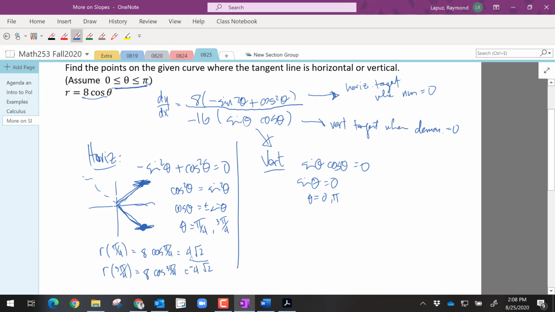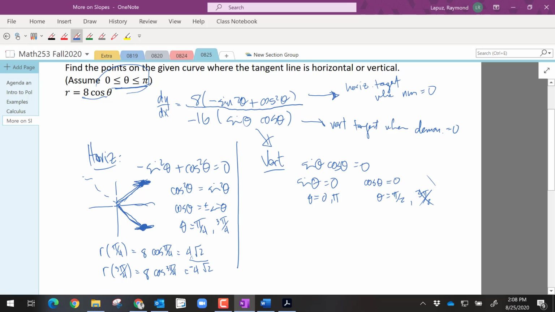So those are at the endpoints. Or cosine theta is equal to 0. That means theta is equal to pi over 2, 3 pi over 2. I guess we don't need to worry about 3 pi over 2 because 3 pi over 2 is not between 0 and pi, so we don't need to worry about that.